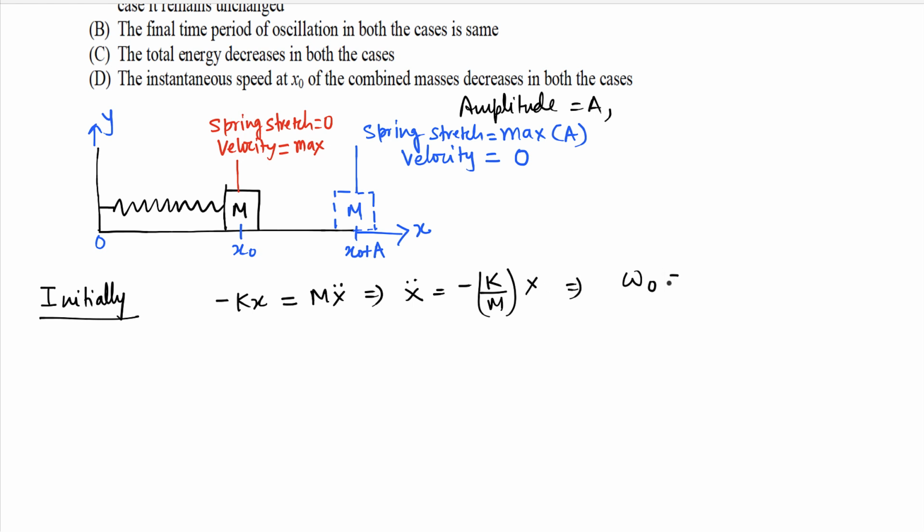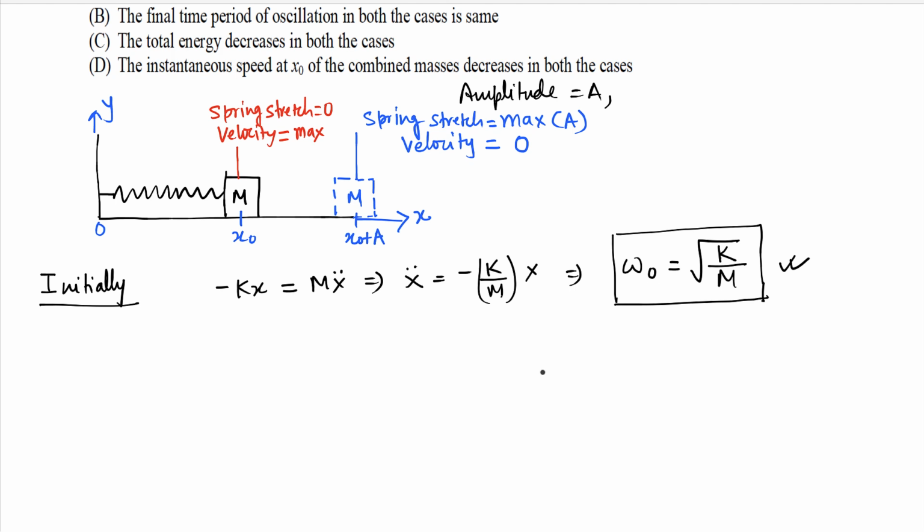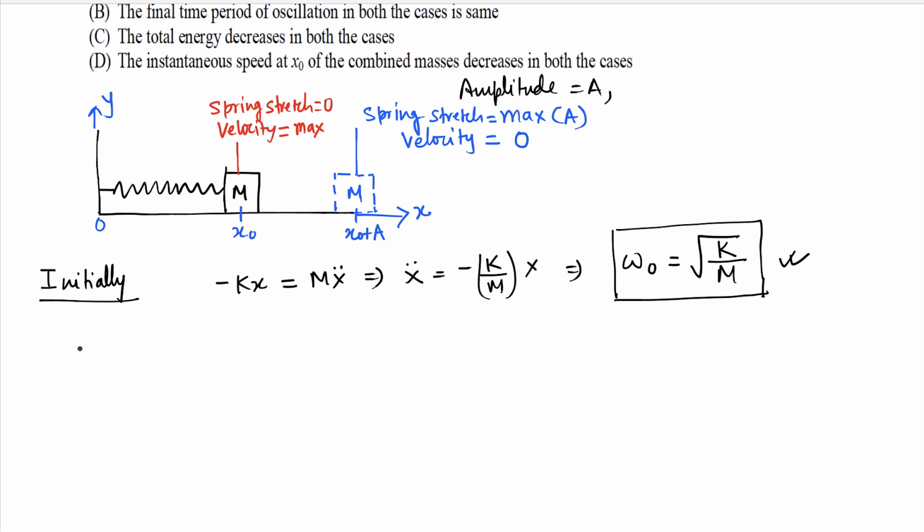Therefore omega 0, the initial frequency, is square root of k by m. In fact, you can write this directly also. We don't need to go through this F equal to ma here. But just to show you how to calculate this. So this is the initial frequency. Now at x equal to x0, at this point, let's call this point P and this point Q.